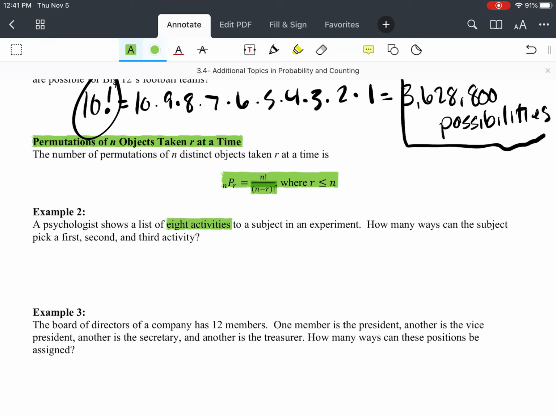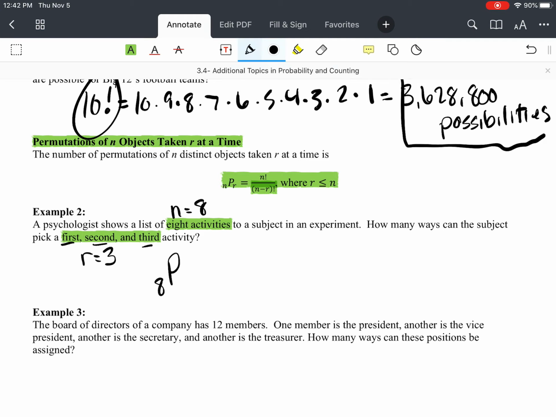In example 2, it says a psychologist shows a list of 8 activities to a subject in an experiment. How many ways can the subject pick the first, second, and third activity? Notice that we do have ranking here. We have 8 total activities, so n is equal to 8. Then we look at how many choices we need to make, so r is equal to 3, because we have a first, second, and third.